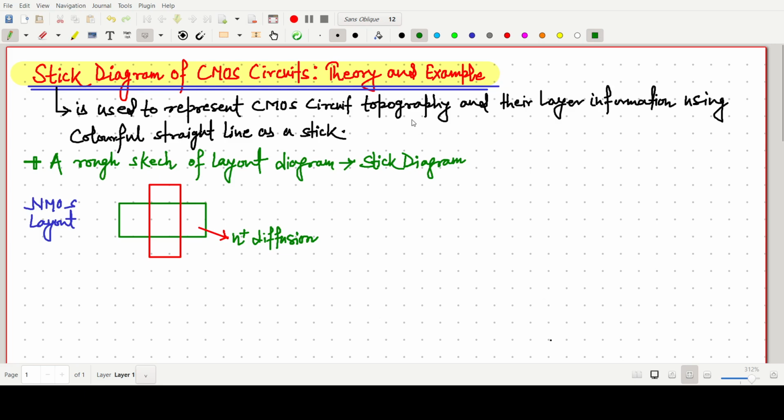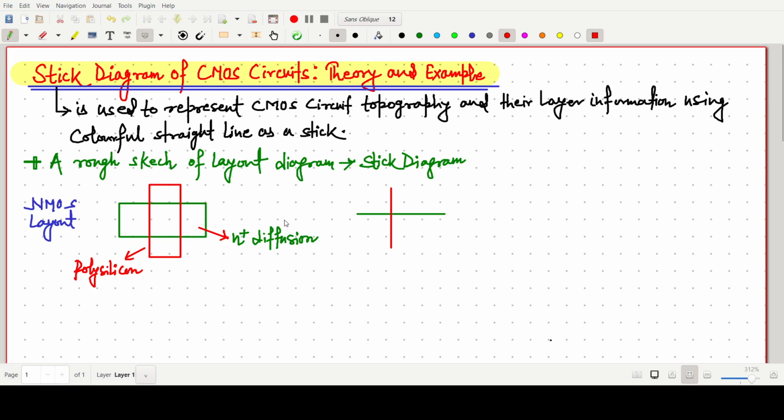And this red one is called the polysilicon. Okay, this one is a simple representation in a layout representation. And very simply, in a stick diagram, we have to just make like this: one green one and one red one.